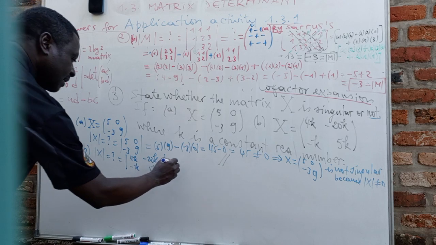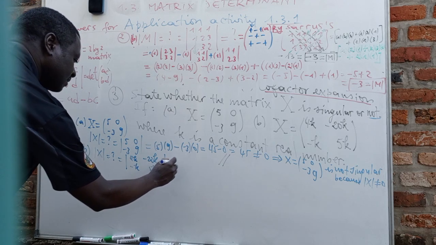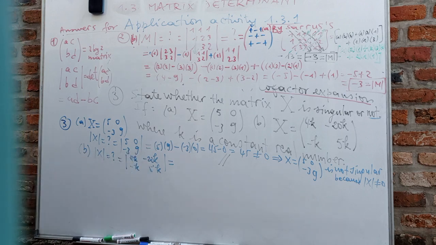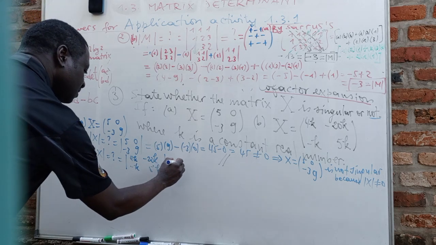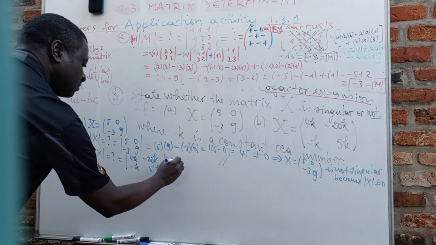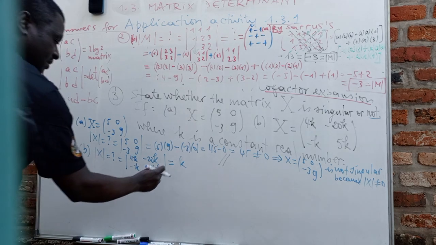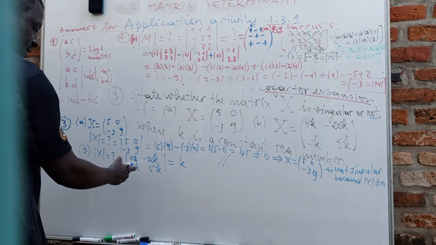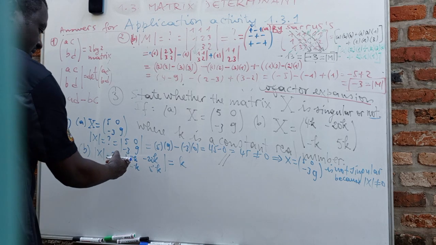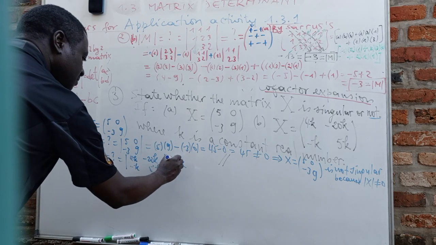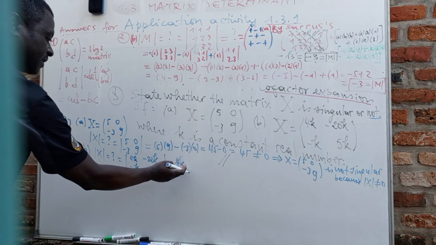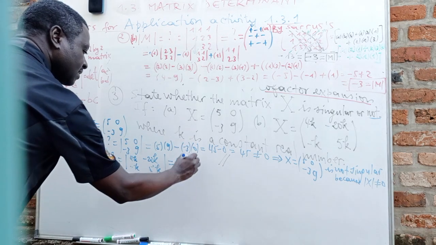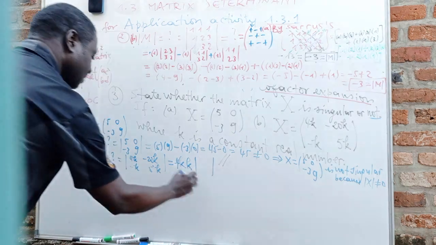If I factor k out, 5 times negative 4 is negative 20, so the first row is negative 4 times the second.